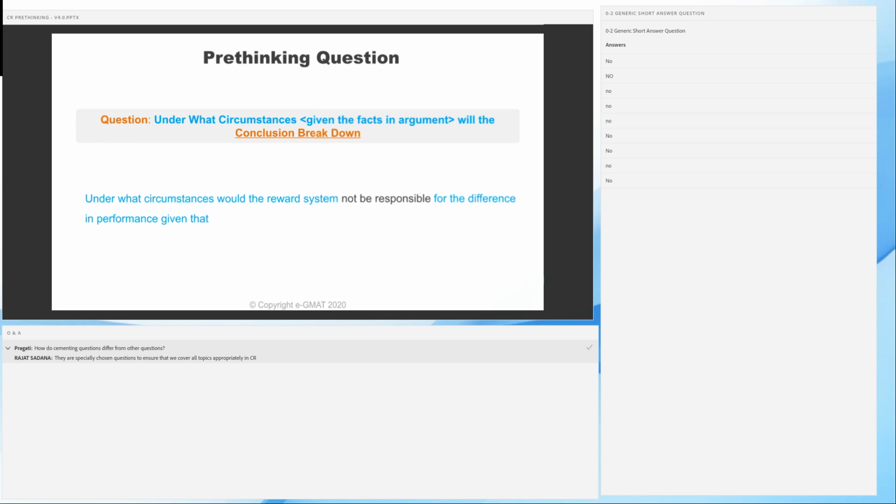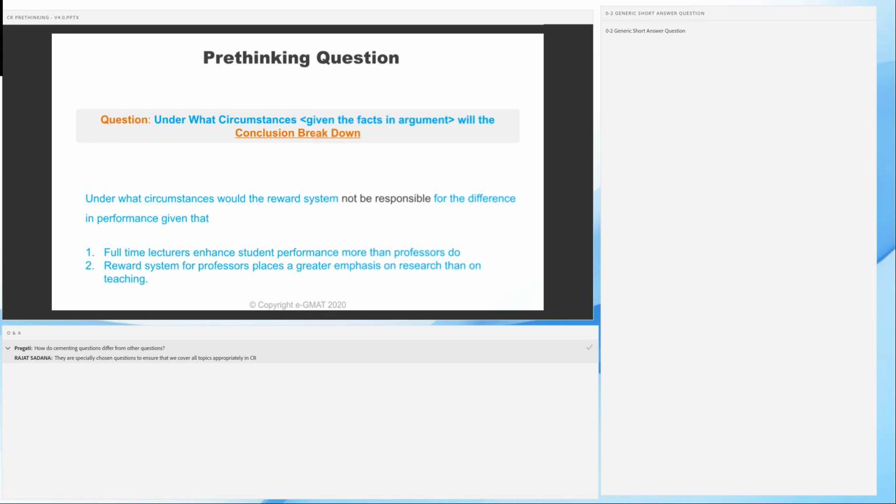Under what circumstances would the reward system not be responsible? This is part 2. Can you see a mapping of conclusion breakdown criteria to the reward system not being responsible? If the reward system is not responsible, then my conclusion breaks down, because that's what the author is saying.